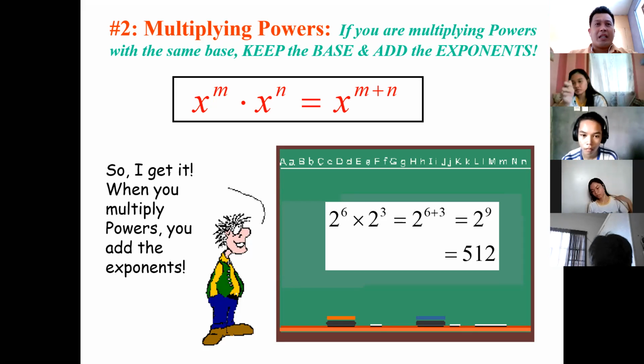Of course, if that is a constant, you can express it in a simplified form by raising the constant to whatever value is indicated in its exponent. In this case, you have the base constant 2 raised to the power of 9 is equal to 512. Question? More examples, I think, are found in your module. I hope so. Let's proceed with rule number 2.